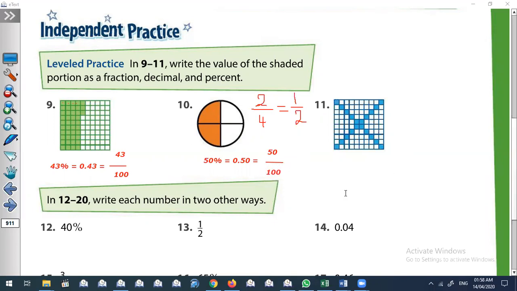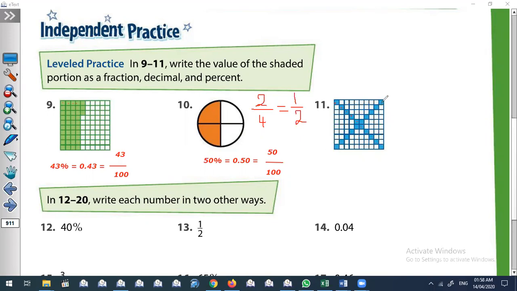Like that. Here we need to find the shaded part. First, let's count. 1, 2, 3, 4, 5, 6, 7, 8, 9, 10. And I think this diagonal also 10.